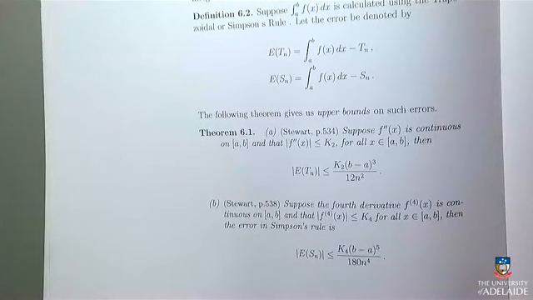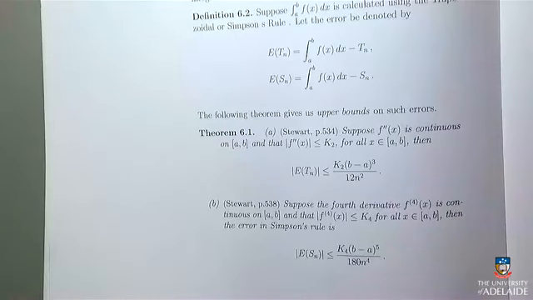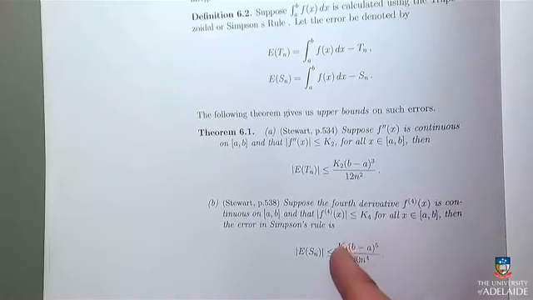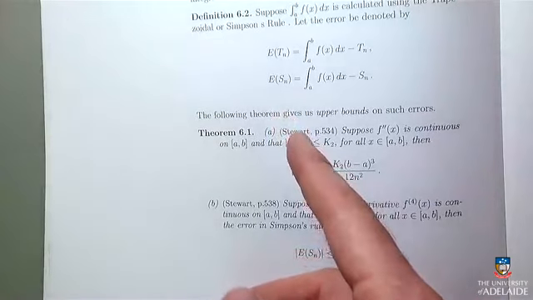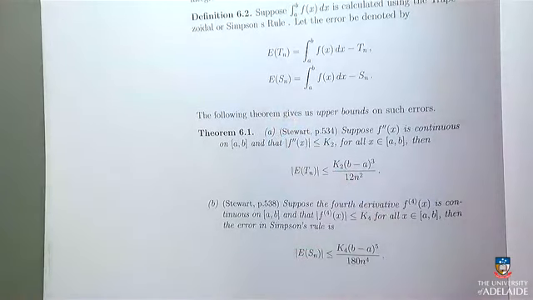The really weird thing about this is that almost always when you're actually using Simpson's rule, you don't know what the formula for the function is. All you have is a list of function values. So you could never in practice know this answer, because it involves differentiating your function. If you don't know what your function is, you can't differentiate it. However, this is of theoretical interest, because what it does tell me is that Simpson's rule is more accurate than the trapezoidal rule. Okay, that's the thing.